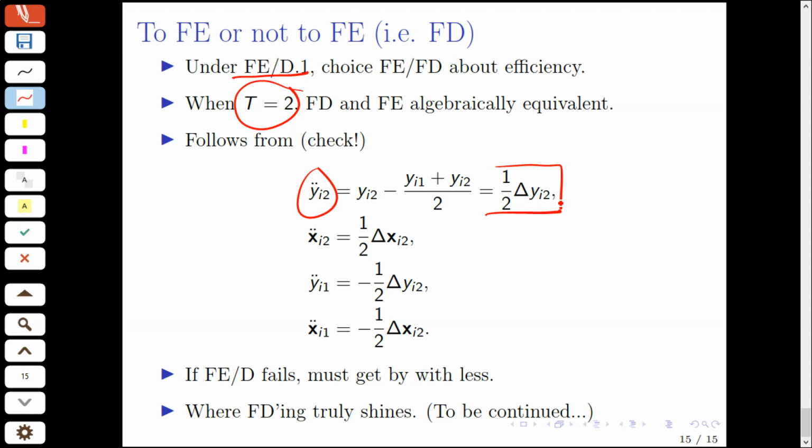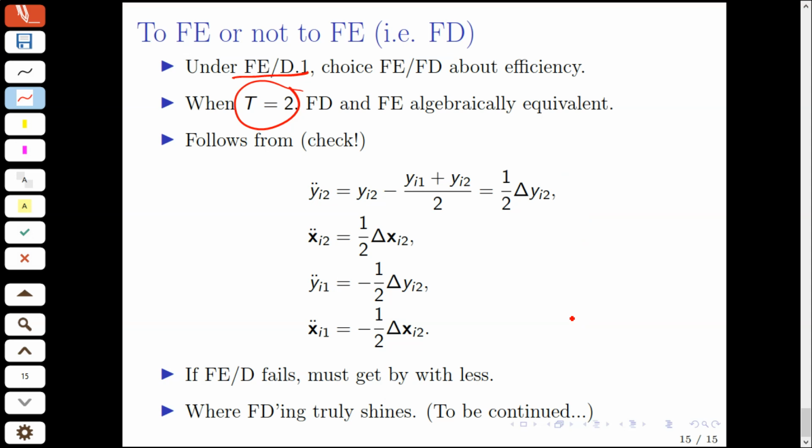Similar expressions hold for the regressors as well as the outcome in the other period, perhaps with an opposite sign. I encourage you to use these 4 expressions and insert them into the formula for the fixed effects estimator in order to see that it actually reduces to the formula for the first difference estimator.